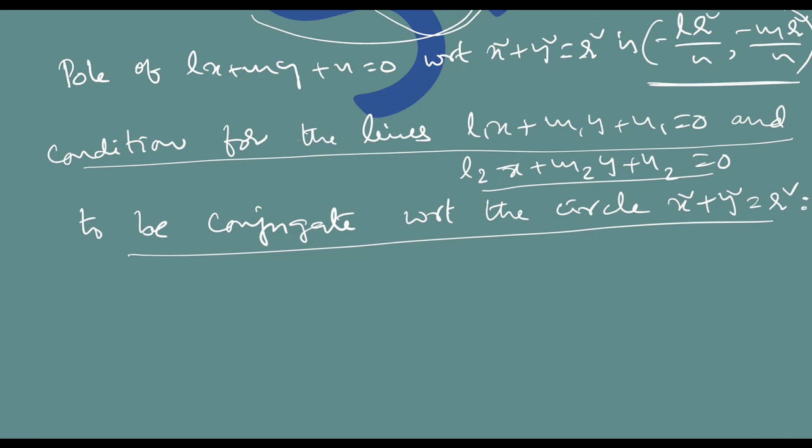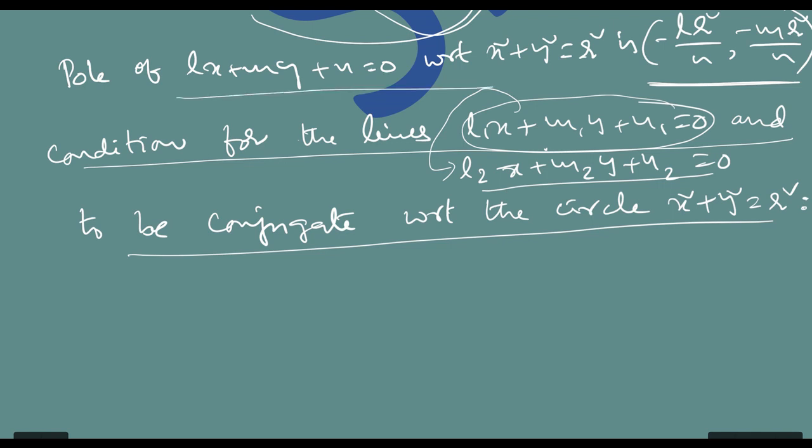Okay. Now to derive the condition, let's remember the definition of conjugate lines. The pole of this one lies on this is enough. Because we proved the theorem, then automatically the pole of the second one is going to lie on the first one. So let us first find its pole. What is its pole?